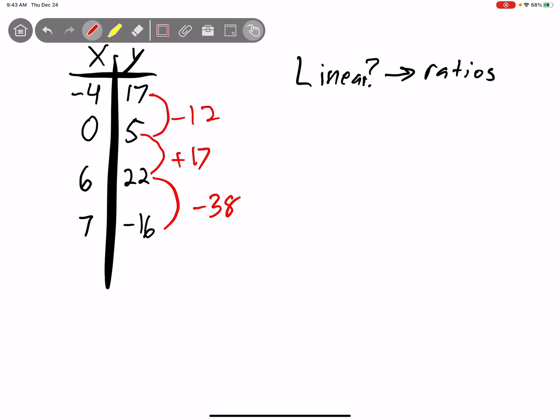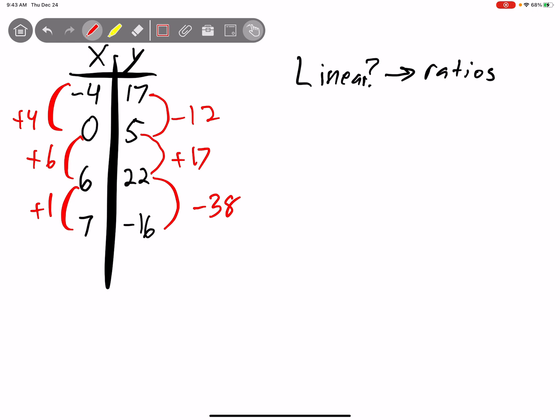And then how do I get from negative 4 to 0? I add 4. Here I add 6. And here I add 1. Now, if even one ratio is not the same, it's no longer linear. I don't need to go on.